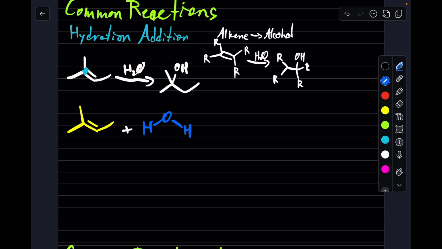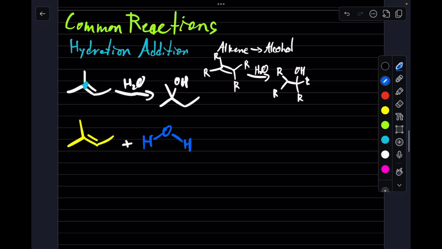And electrons like positive charge. So, in the water, the hydrogen atom has a partially positive charge, whereas the oxygen has a partially negative charge because of the dipoles.